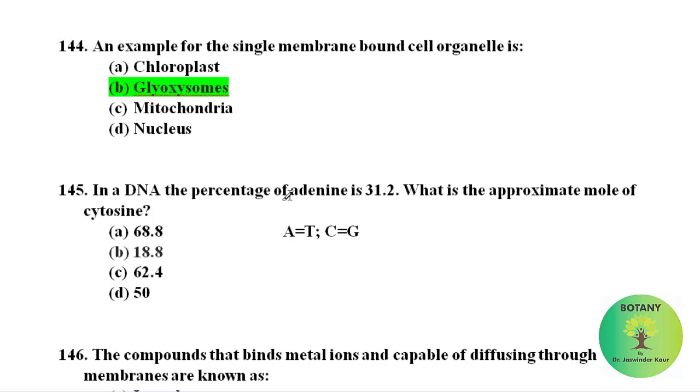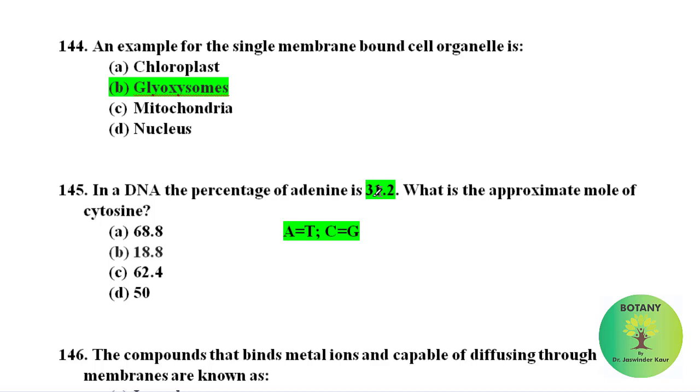In a DNA, the percentage of adenine is 31.2. What is the approximate mole percent of cytosine? As we know, the percentage of adenine is equal to the percentage of thymine, and the percentage of guanine is equal to that of cytosine. So if the percentage of adenine is 31.2, then the percentage of thymine will also be 31.2, and when we add the percentages of adenine and thymine, it accounts for 62.4%.